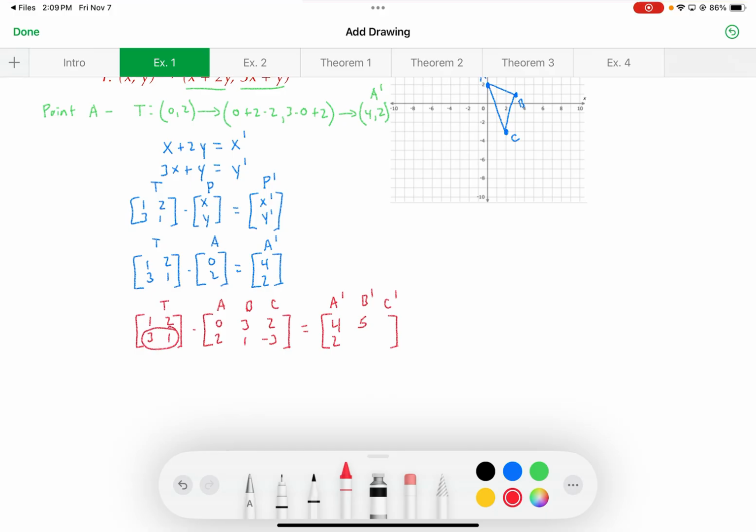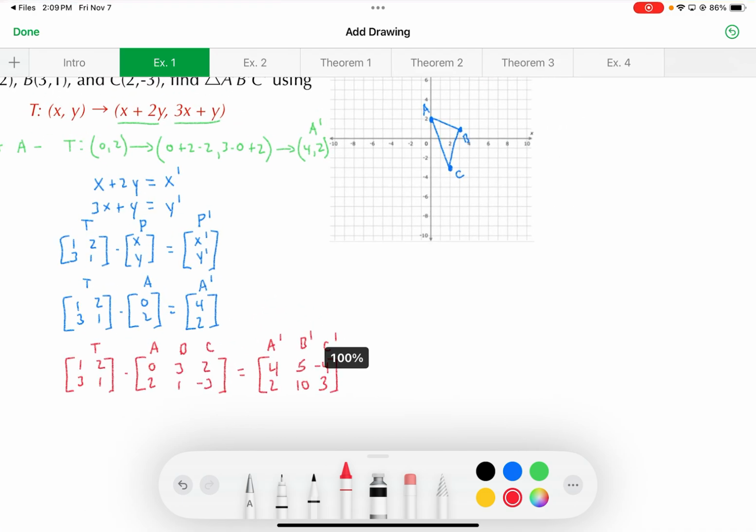If I want the y coordinate, I go second row of T with column B here. 3 times 3 is 9. 1 times 1 is 1. Add them together, you get a 10. Okay, and then repeat the process using the third column C there, and you'll end up with negative 4 and 3 as the coordinates for C prime.